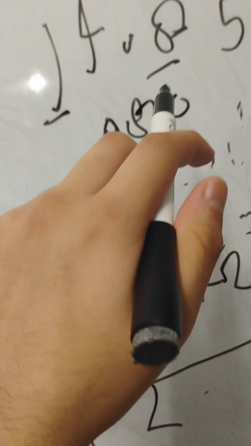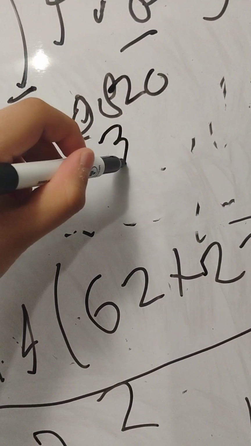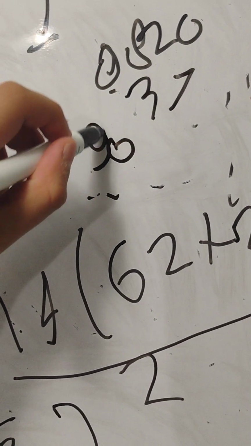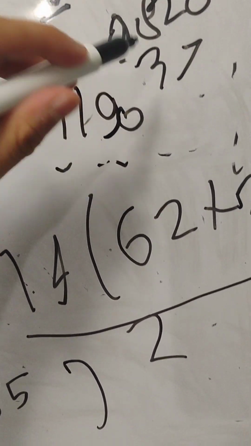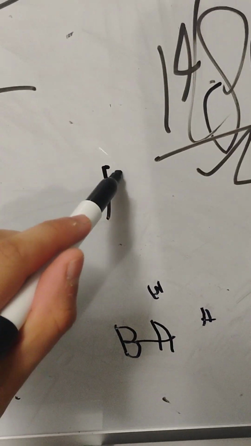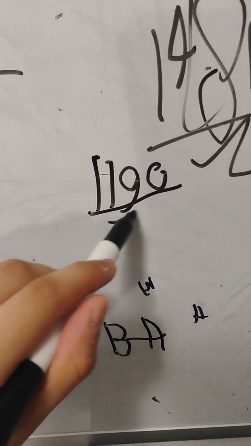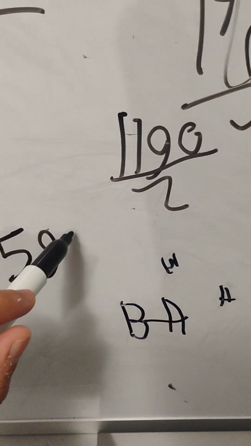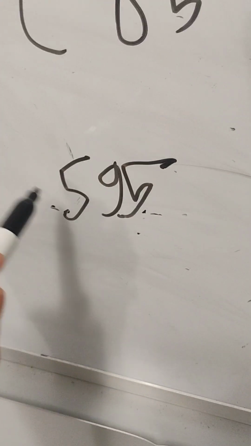Then we have 32 plus 5, which is 37, and we get 0, 9, 11, so 1,190. 1,190 divided by 2 is 595, right? And this matches our answer here, so it would be 595.